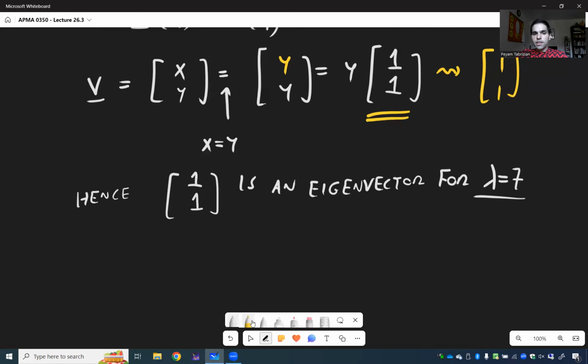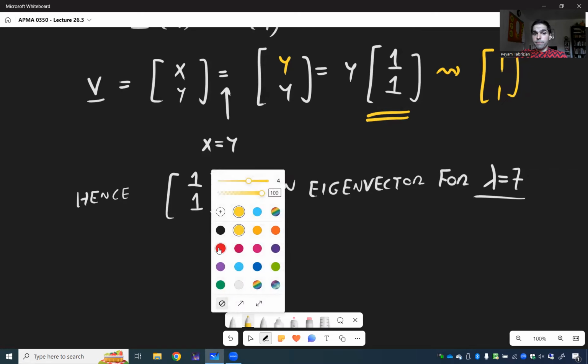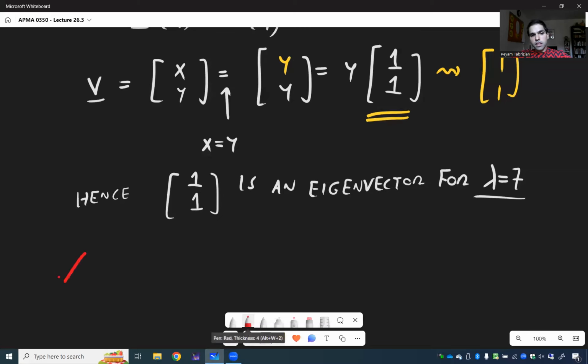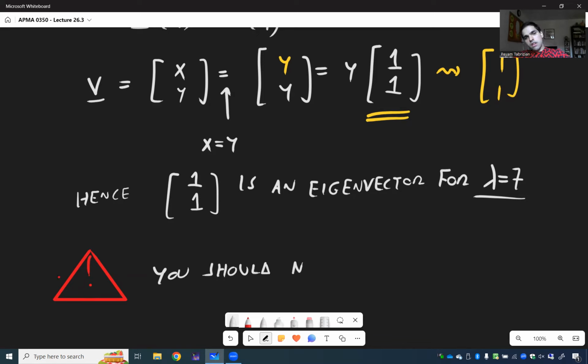Now, huge warning. Pretty much the only mistake you can make here: you should never find (0, 0) as your solution. Eigenvectors, by their definition, are non-zero.